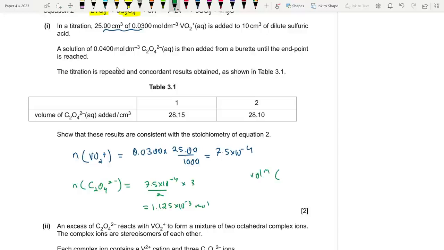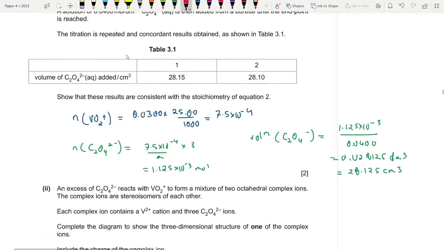So volume of ethanedioate is equal to moles by concentration 0.0400, which is 0.028125 dm³, or times 1000, 28.125 cm³, which is the average of those two values.